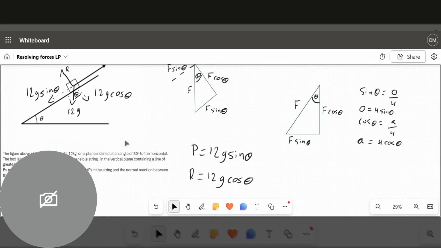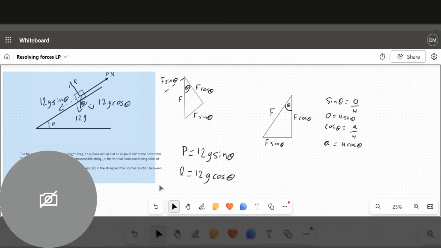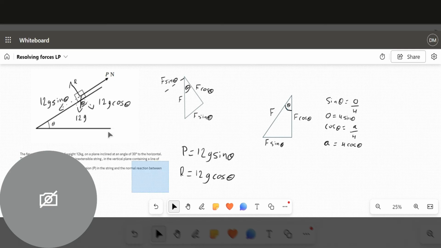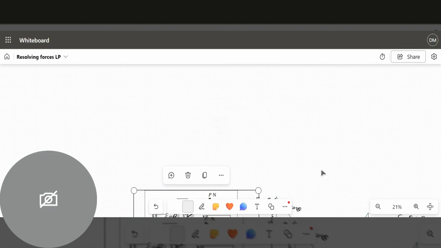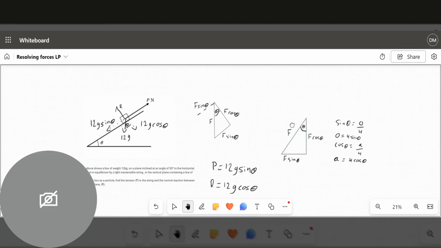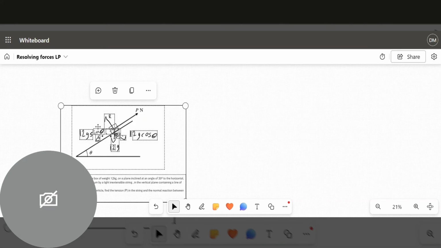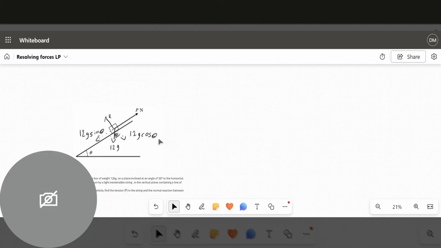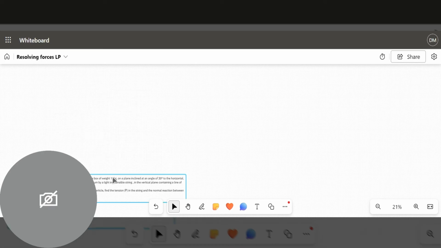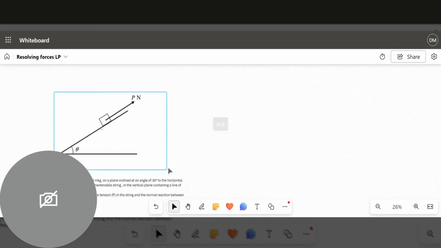Let's do another really quick example. Right, so I'm going to do it really quickly again, but I'm just going to change this weight to be M. Okay, so we've got the same issue.